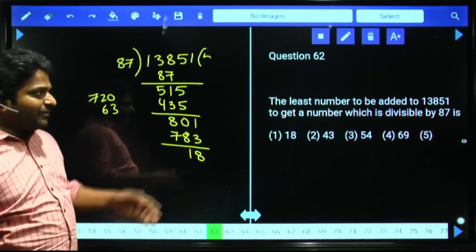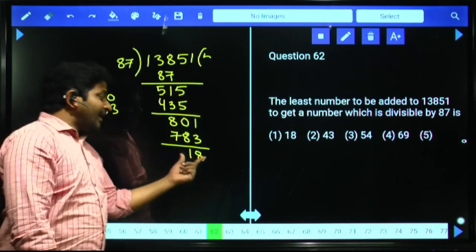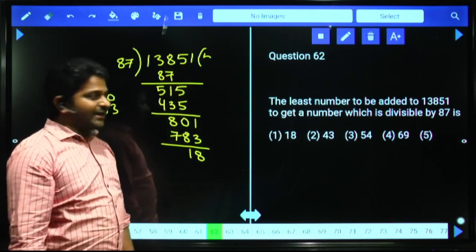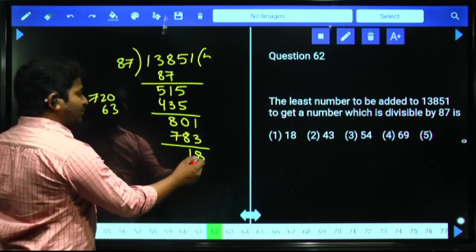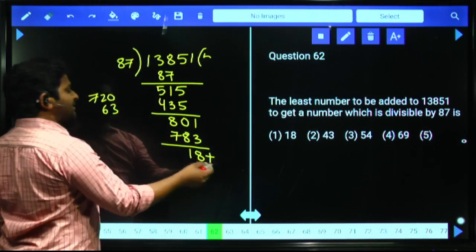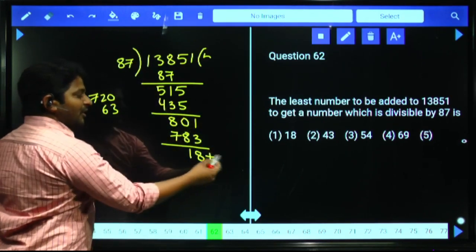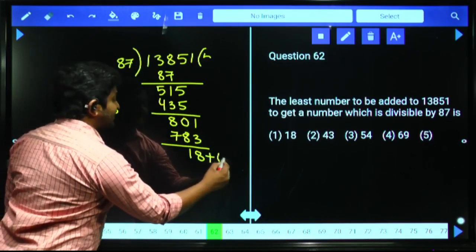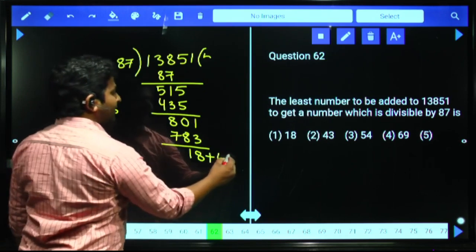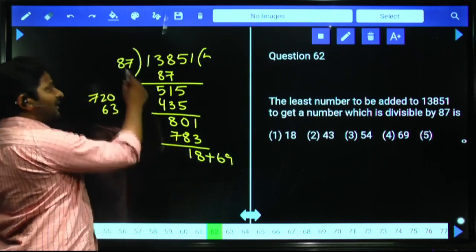If your question is how much should be subtracted, then 18 should be subtracted to make it exactly an 87 multiple. But your question is how much should be added. Now to this we need to add something else so that it becomes 87. So we have to add 69. When you add 69, then you will get 87.